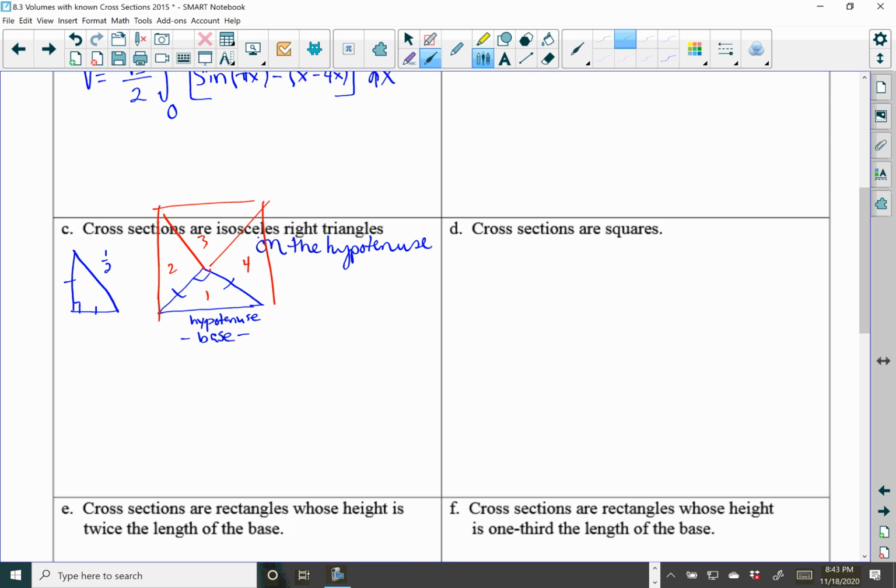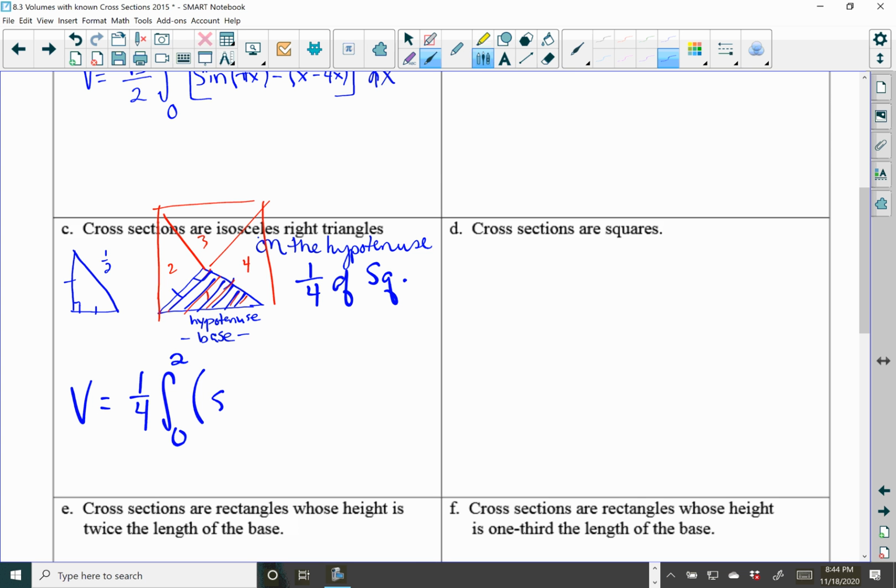And obviously this blue area represents 1/4 of a square. So 1/4 is going to be my multiplier. 1/4 integral from, what were we spanning? 0 to 2.